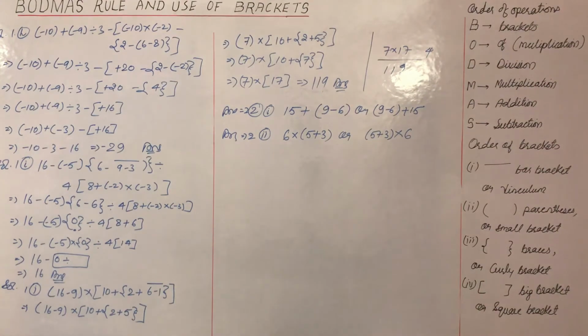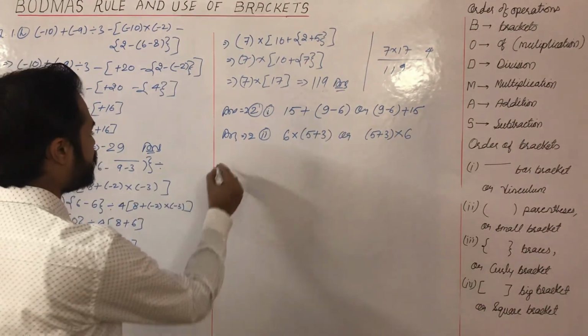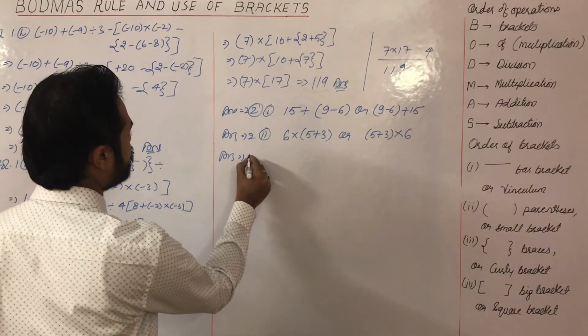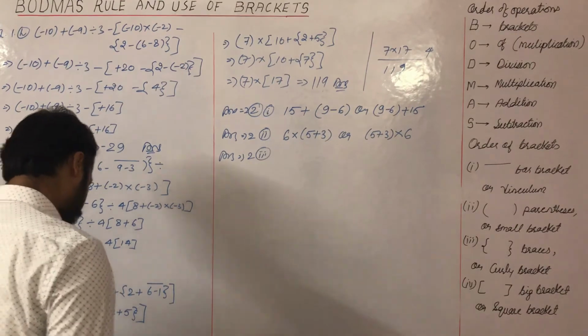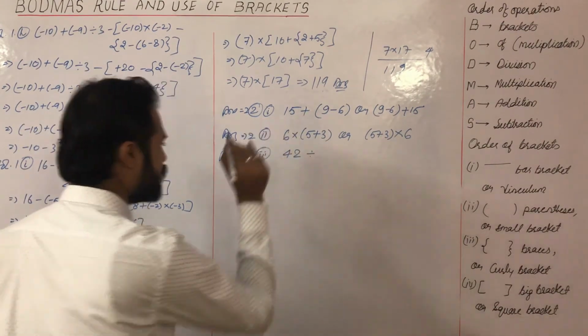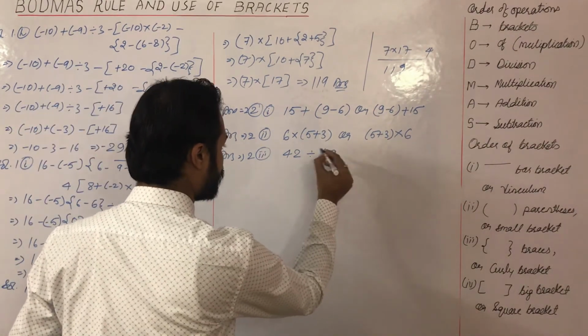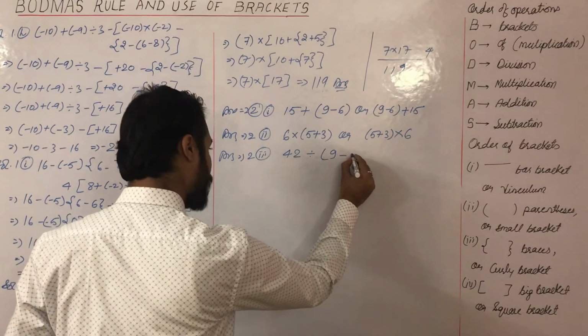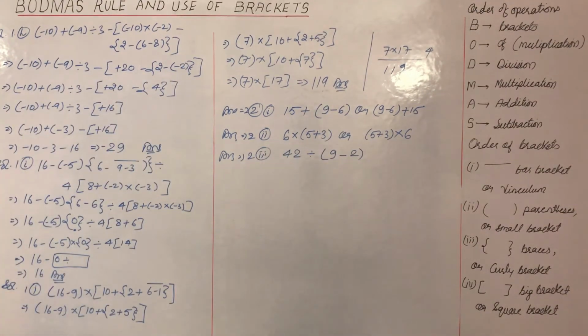Both are the same. Part 3, 42 divided by the difference of 9 and 2. So 42 divided by the difference of 9 and 2.